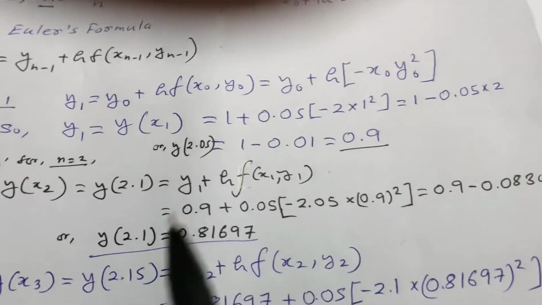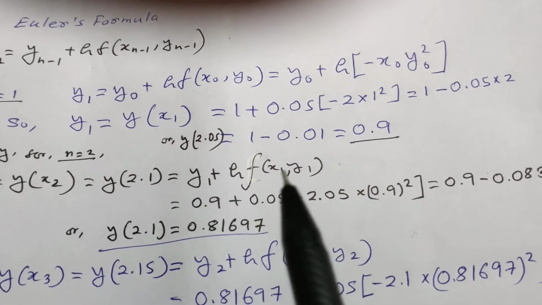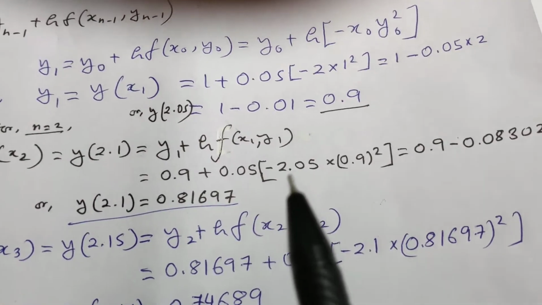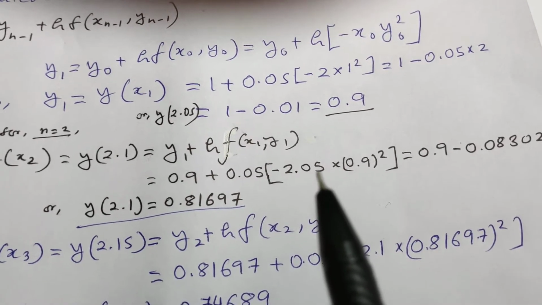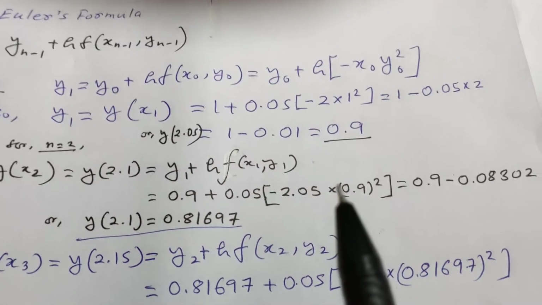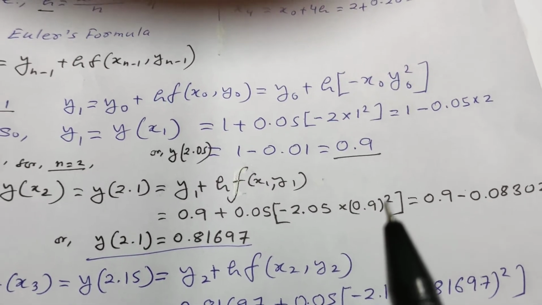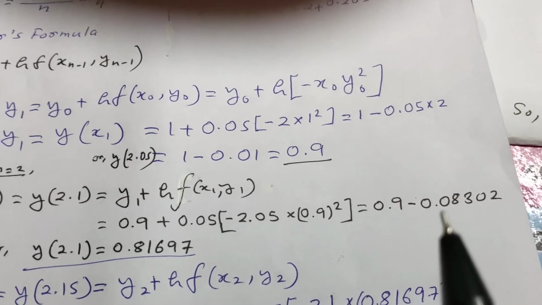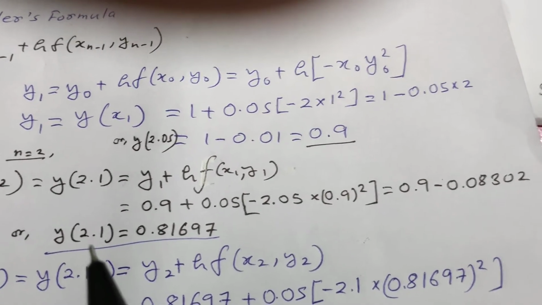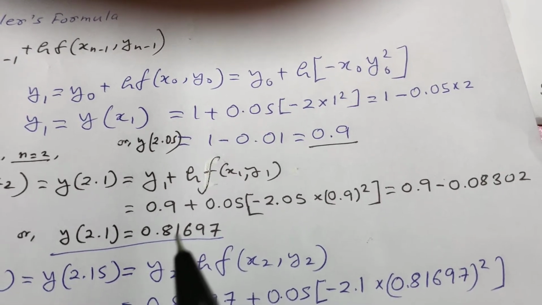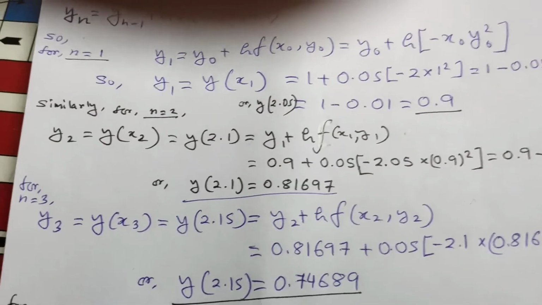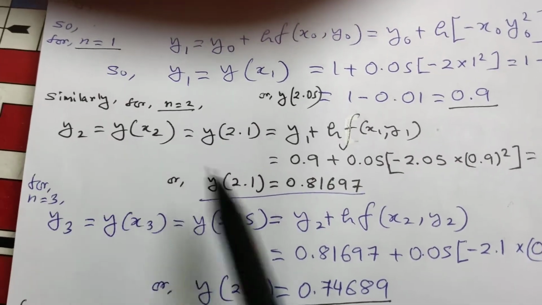So y(2.1) equals y1 plus h f(x1, y1) equals 0.9 plus 0.05 into minus 2.05, that is the value of x, into 0.9 whole square, equals 0.9 minus 0.08302 if we calculate, and finally we get y(2.1) equals 0.81697. That is the value of y(x2), or y2.